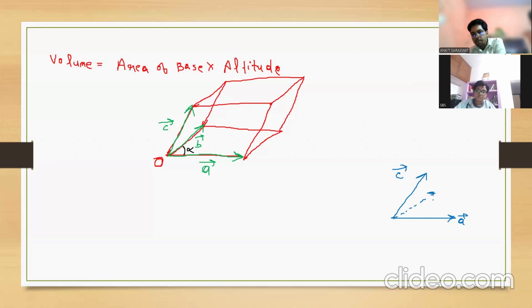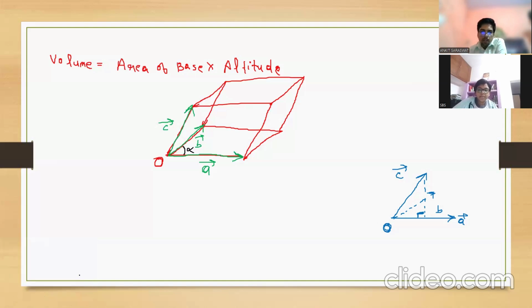This is the perpendicular I have drawn from the C vector like this. This is O. Understood?